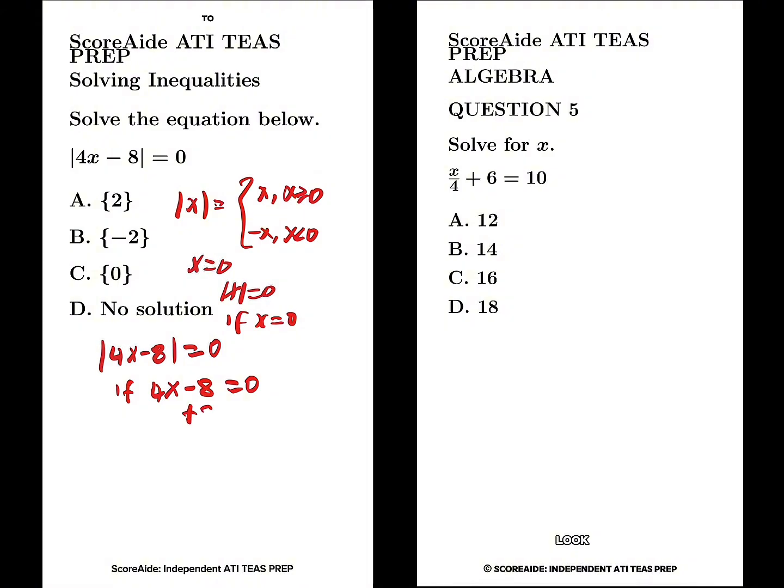Now we add 8 to both sides of the equation. We are going to have 4x is equal to 8. And we divide both sides by 4. We're going to have x equal to 2. So that's the only value of x. x equal to 2. So the answer is going to be A, right? Perfect.